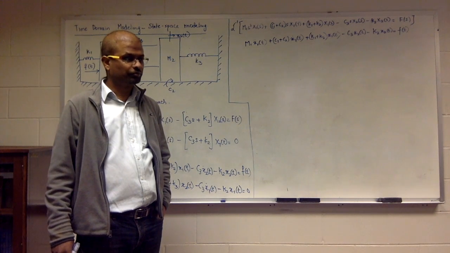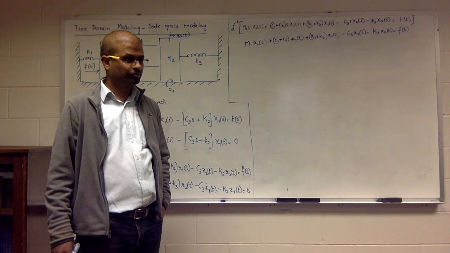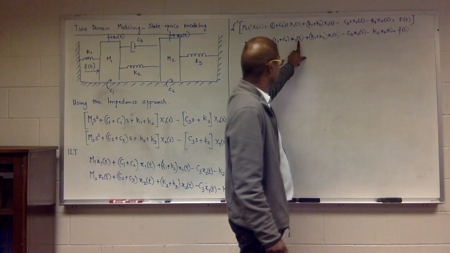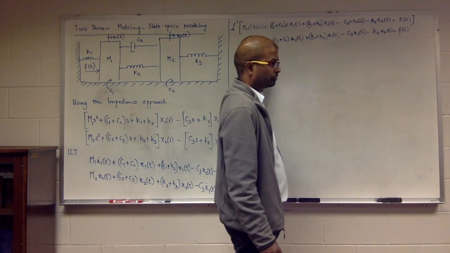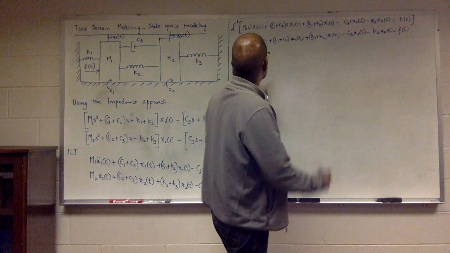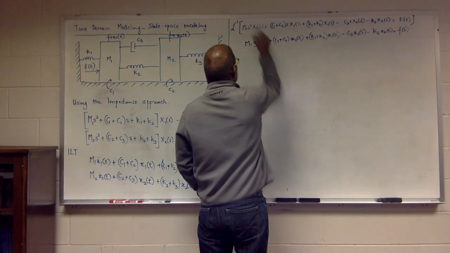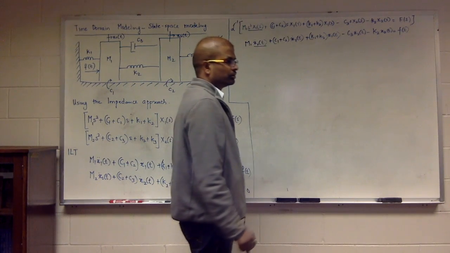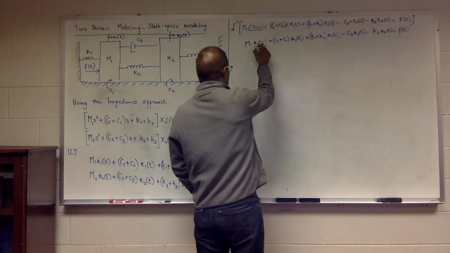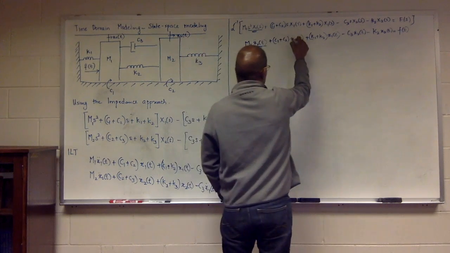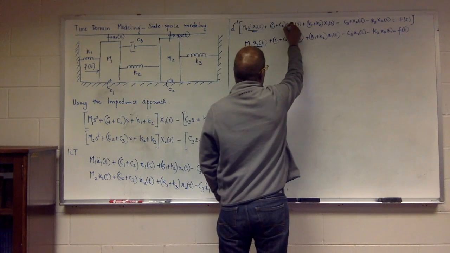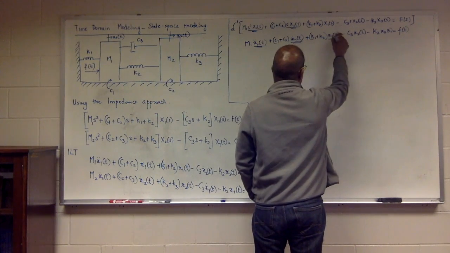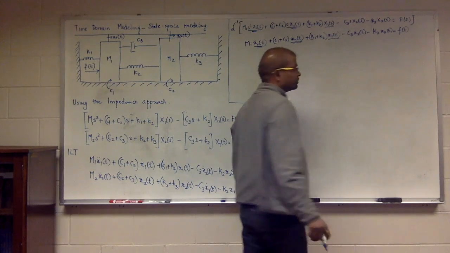All right. What is the output here? Displacement. Right. So it could be displacement, which is this. It could be velocity or acceleration. All right. So here, this is acceleration term in terms of time. This is acceleration term in terms of frequency. You get it? This is velocity term in terms of time. This is velocity term in terms of frequency. This is displacement in terms of time. This is displacement in terms of frequency.